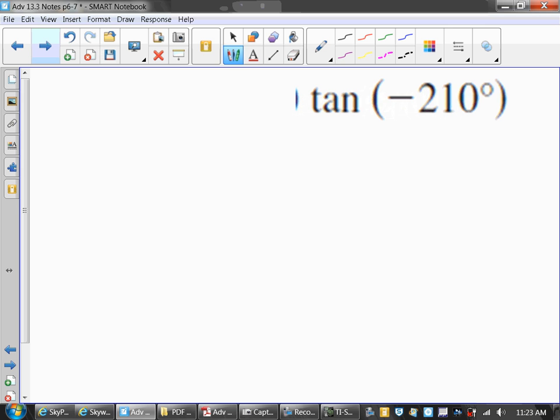I first have to figure out where negative 210 degrees is. So we find the reference angle. We come around, we go negative 180 and 30 degrees more. So this is up 30 degrees here, which means the reference angle is at what? 150. Do we agree?